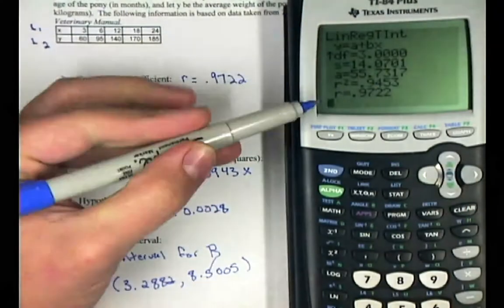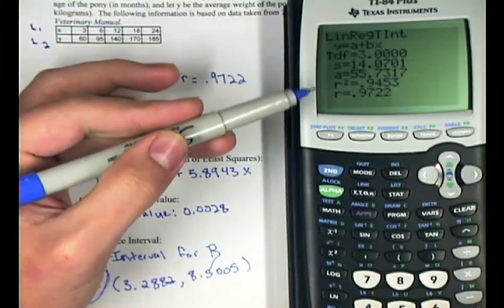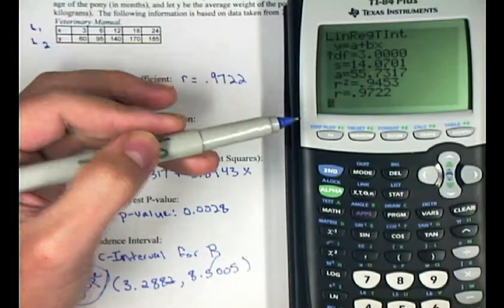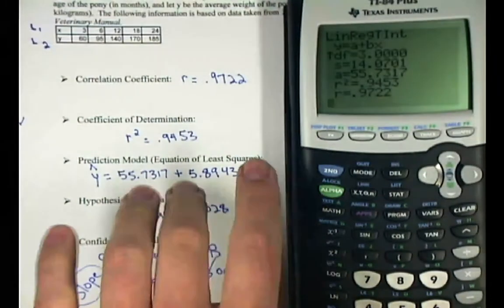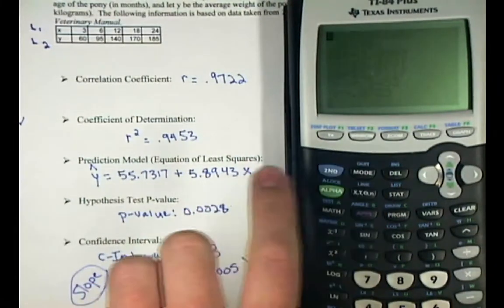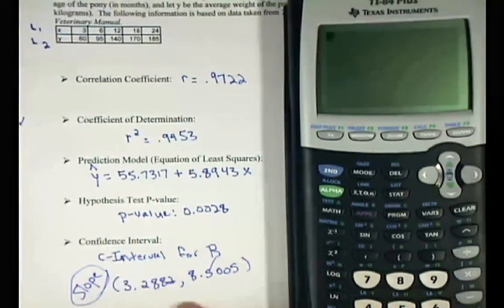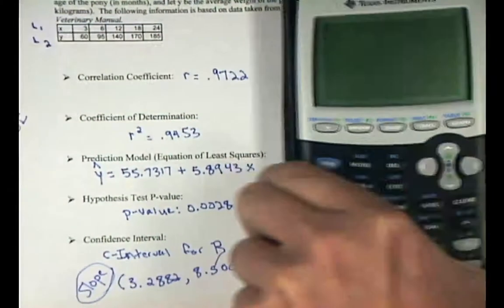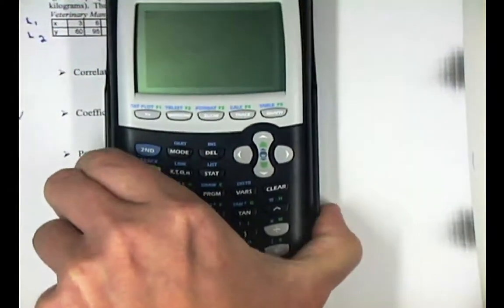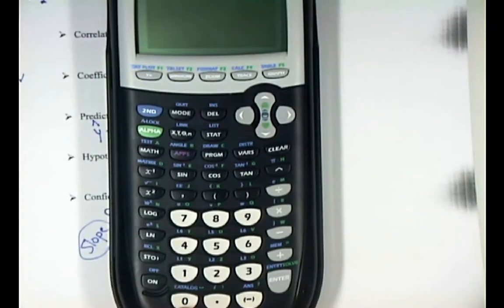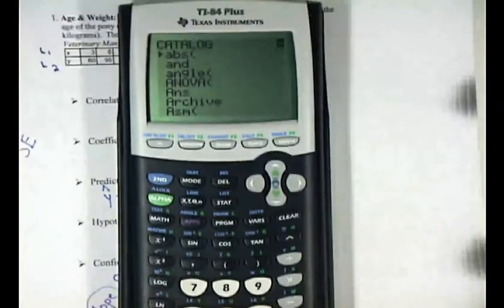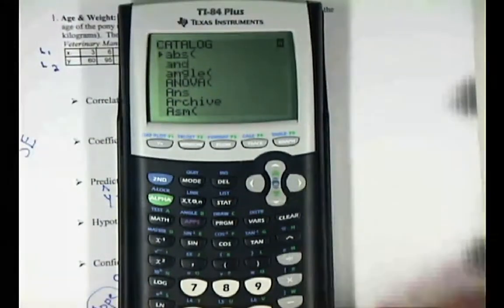If for some reason you're not getting your r and your r squareds, or maybe some of this information is lacking, don't panic. Your diagnostic is just simply not turned on. And real quick, how to turn on your diagnostic, you have to go to catalog, which, let me move this calculator where you can see it better. Catalog is down here at 0, so I'm going to press the blue key, second, catalog. And as you can see, it brings up a lot of stuff.